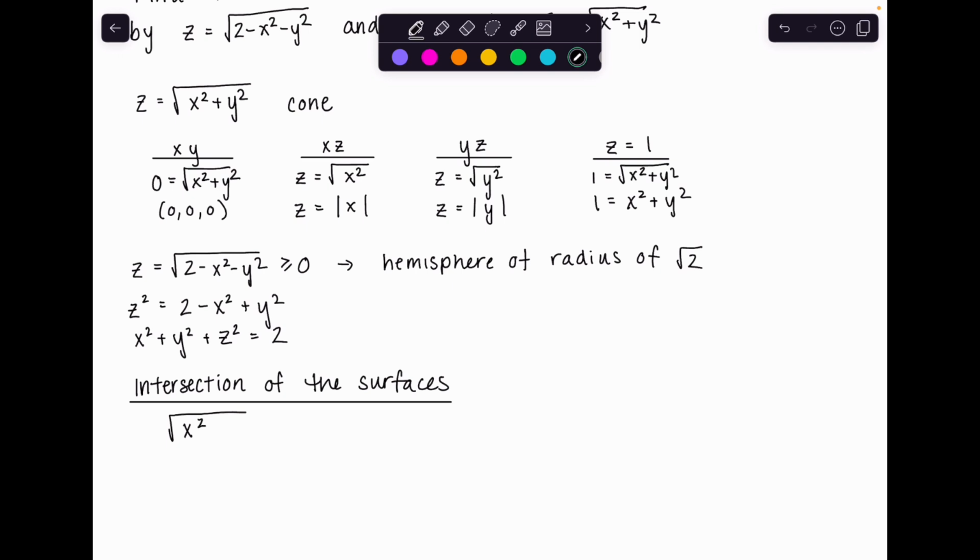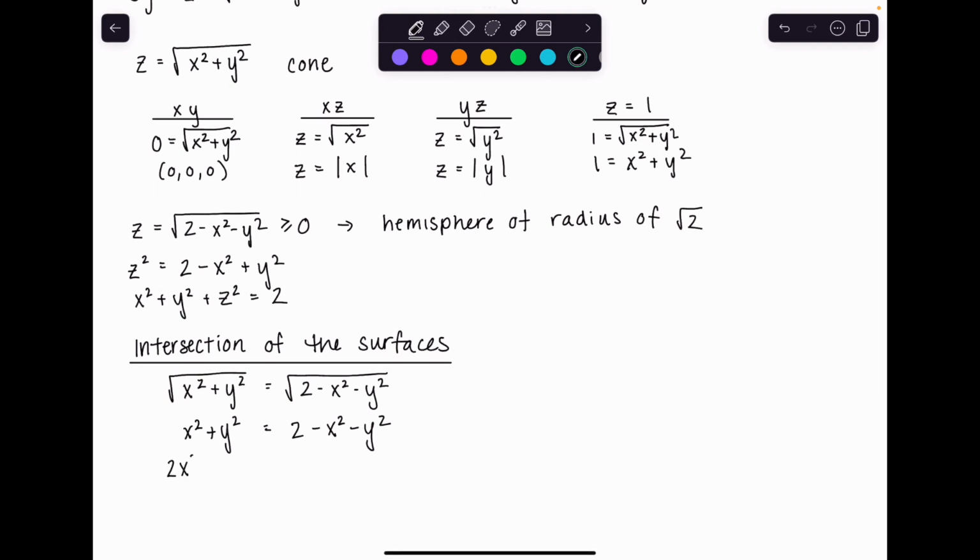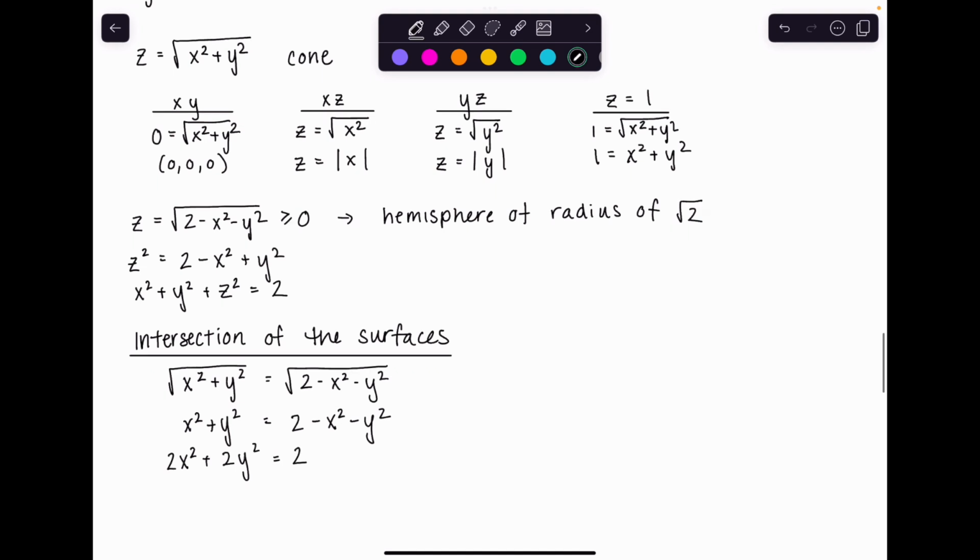So we've got the square root of x squared plus y squared equals the square root of 2 minus x squared minus y squared. Squaring both sides gets rid of those square roots. Then I'm going to group the like things on one side. If I add the x squared and y squared over, we get 2 of everything. Dividing by 2 gives us a nice picture that this is a circle of radius 1.